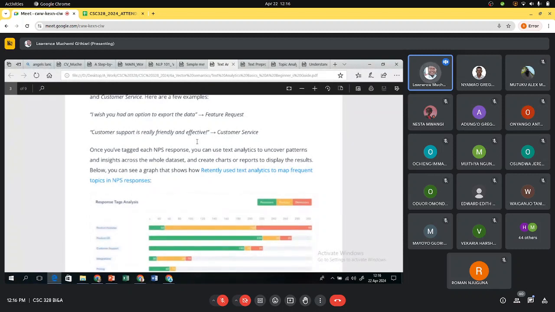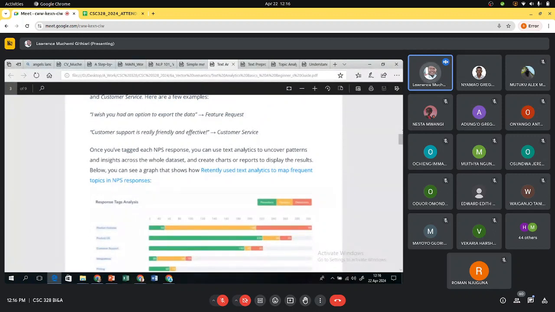Of course, there has to be another level for checking. But if you don't want to use manual, you can also use automated methods. I've just mentioned one of them is named entity extractor. These are tools that can extract for you automatically. And then, of course, once you extract, like this one here, option to export the data, you can take this entire sentence into that one and so on.